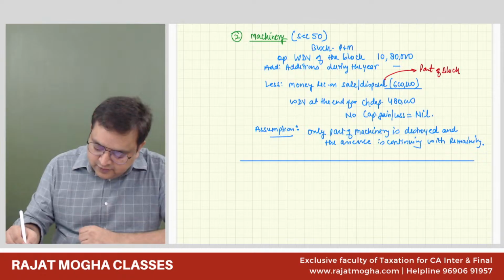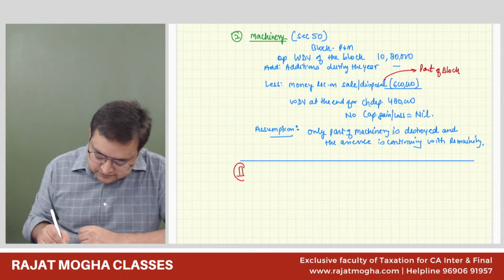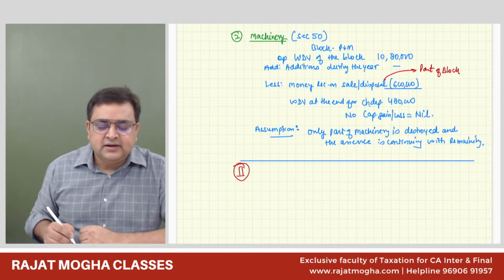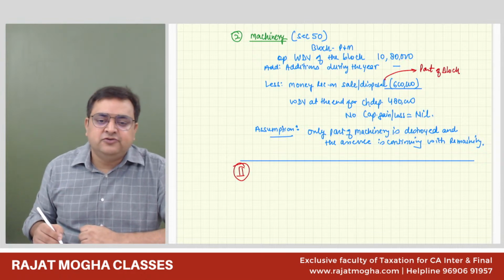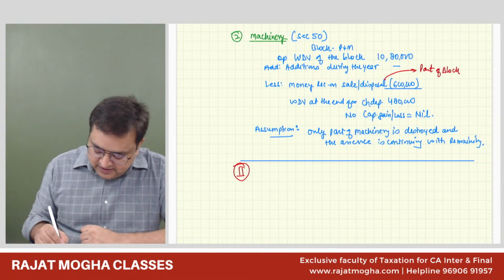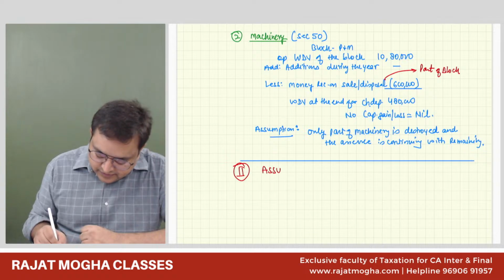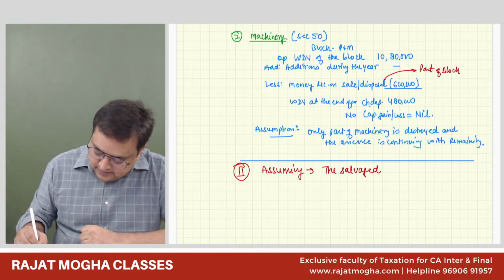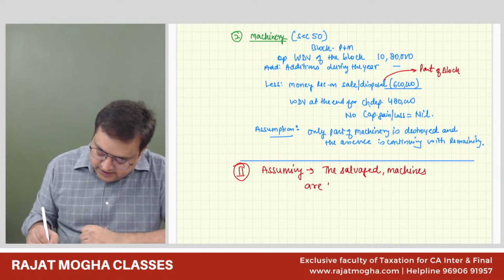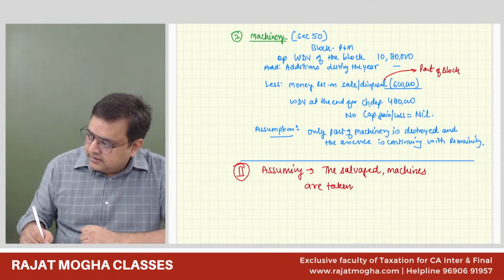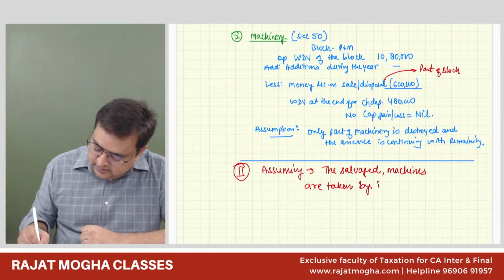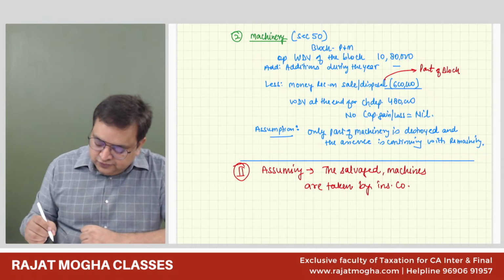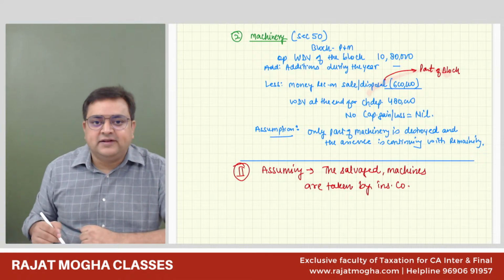So if you are going with the second alternative, that the salvaged machines are also taken by the insurance companies, it means that the entire block is transferred.